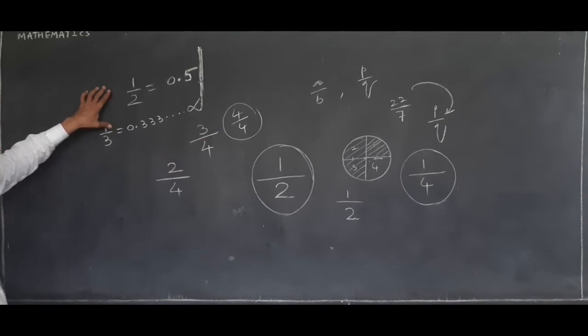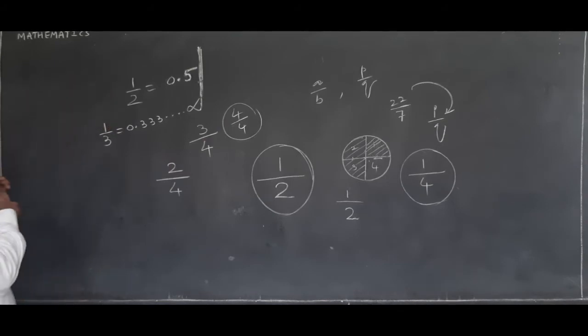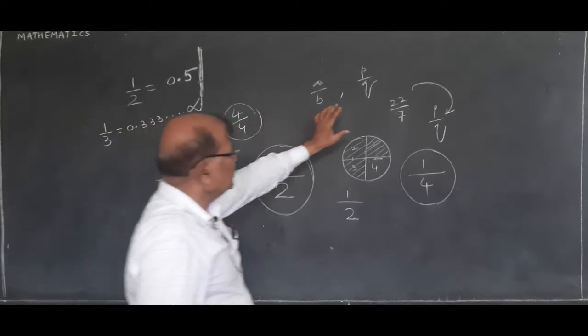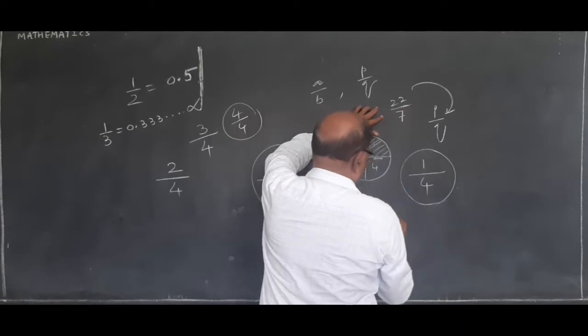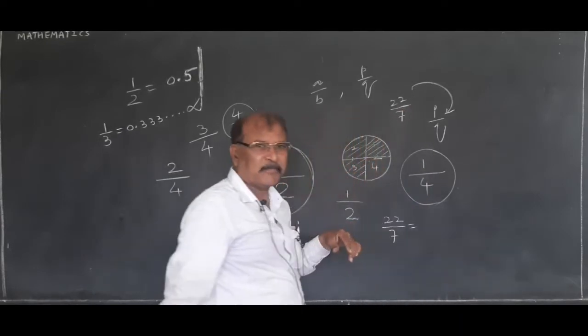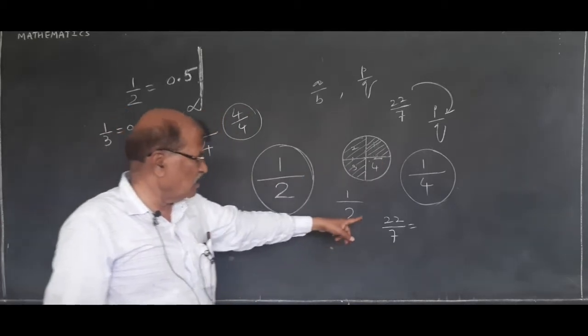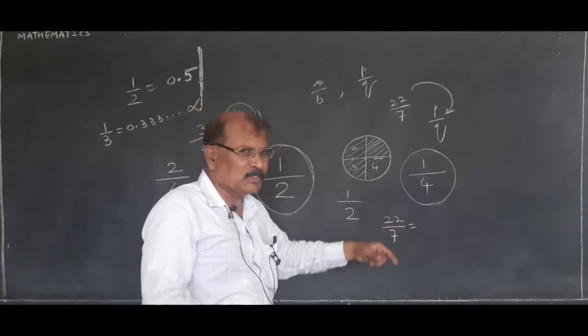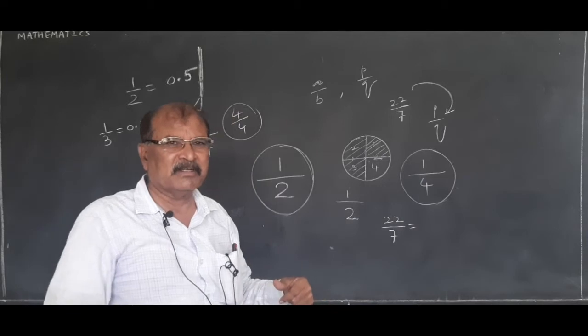If you observe carefully, what is a rational number? Yes, I want to bring this 22 by 7 again. You take a calculator and simplify this 22 divided by 7.